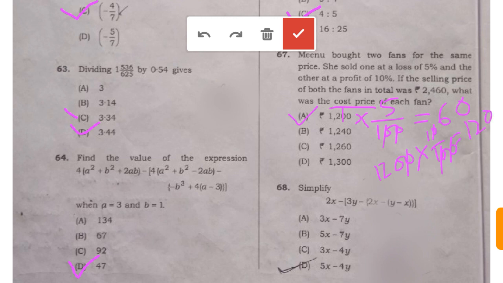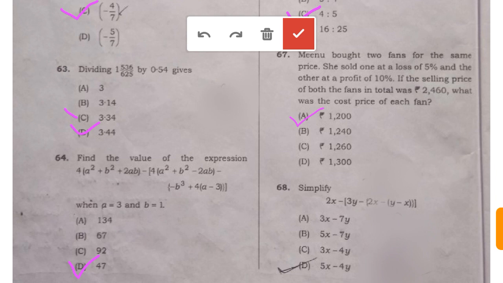So here we can see the loss is 60 and the profit is 120, and the net profit is equal to 120 minus 60 is equal to 60 rupees. So the total selling price will be 1200 into 2 for 2 fans plus 60. This is equal to 2460 rupees. So the correct answer will be option A, 1200.